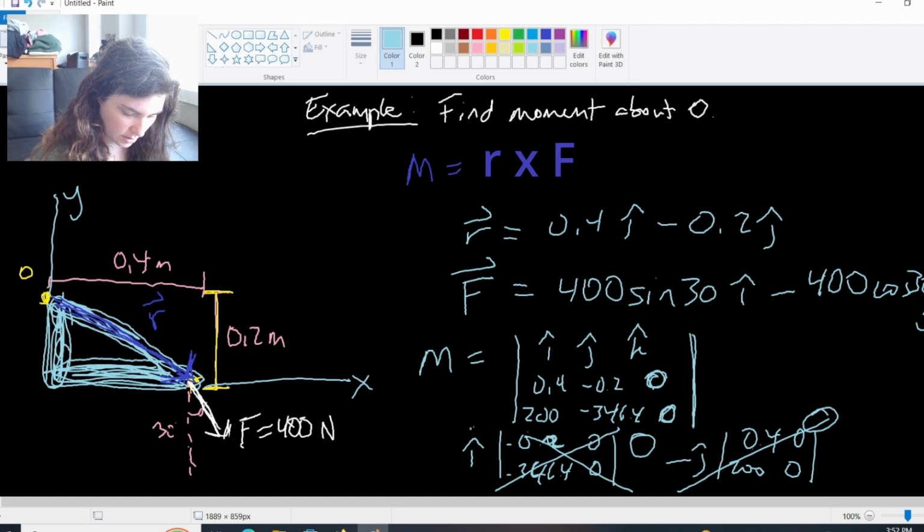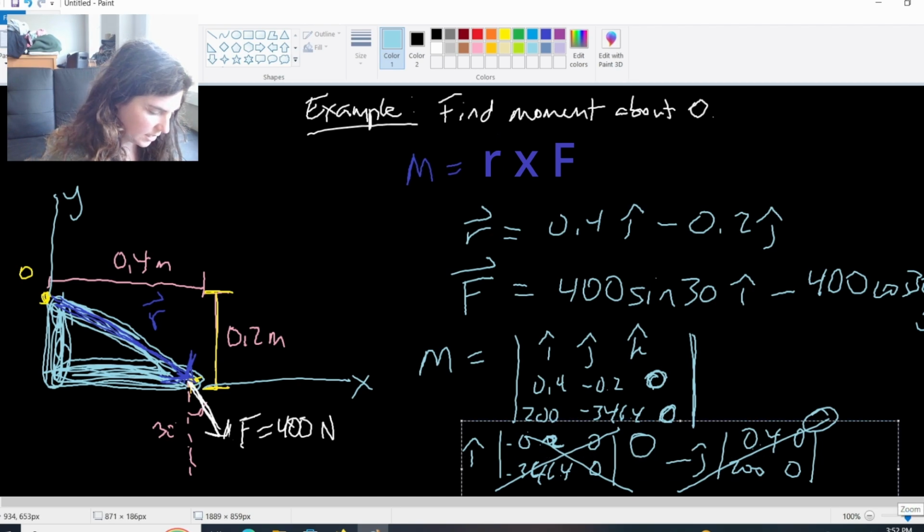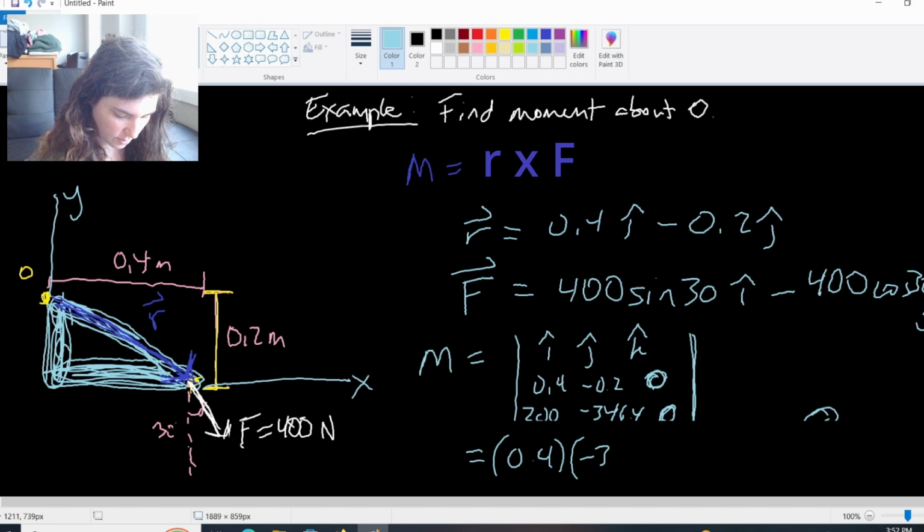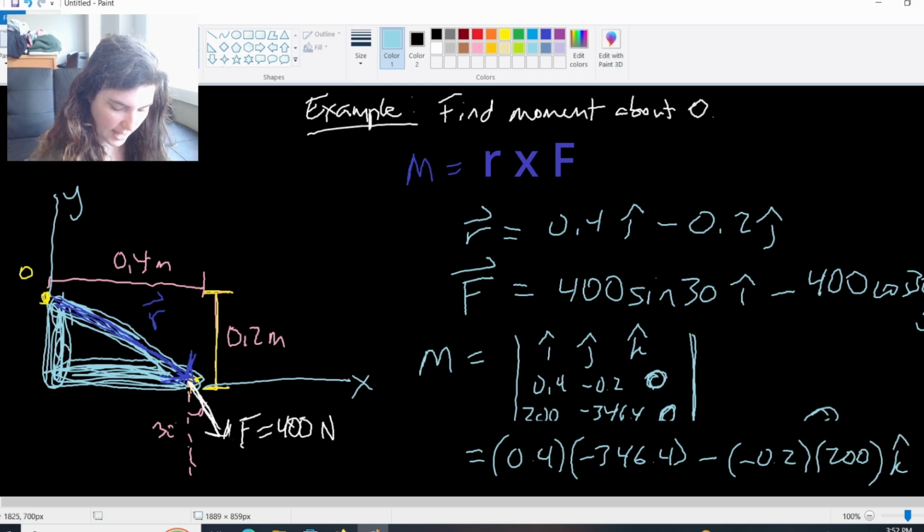I'm going to get rid of this, and I'm just going to put the k hat term in here. Right, so my moment actually equals 0.4 times negative 346.4 minus negative 0.2 times 200. And that is in the k hat direction.